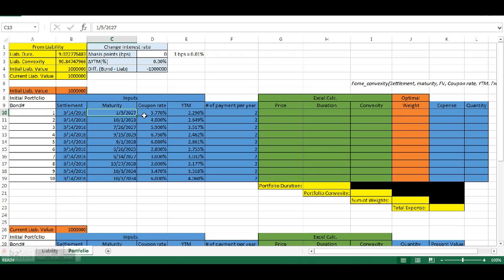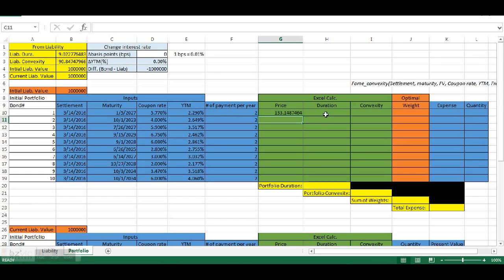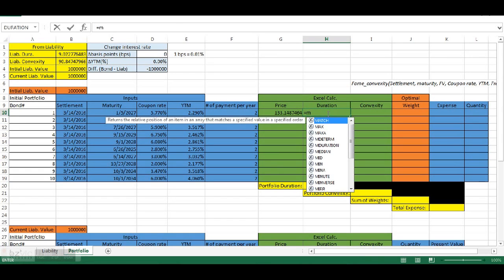As we have the maturity, coupon rate and yield to maturity for each bond, we can calculate their price using this formula: settlement date, maturity date, coupon rate, yield to maturity, redemption value is 100. We can also calculate the duration from this.